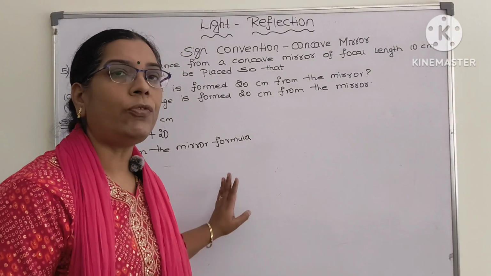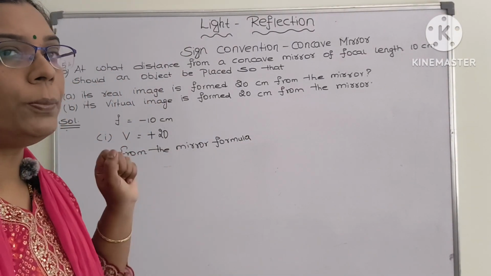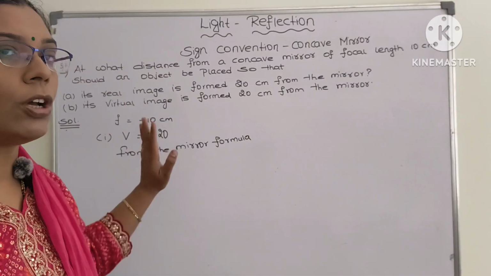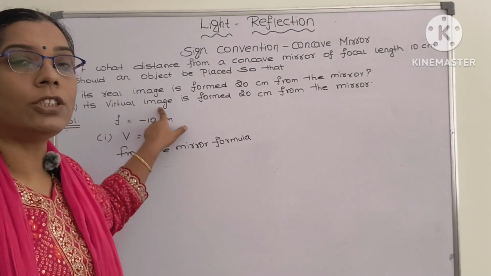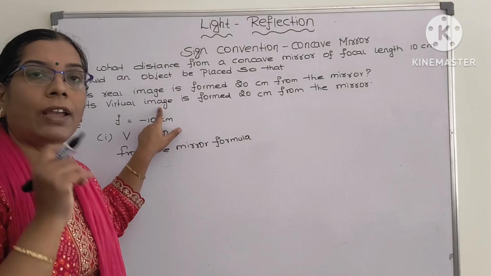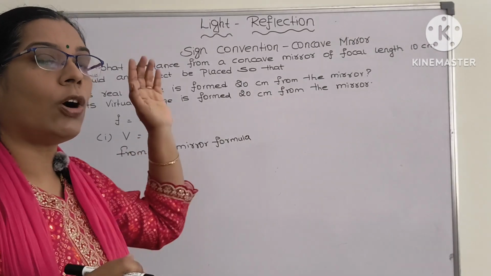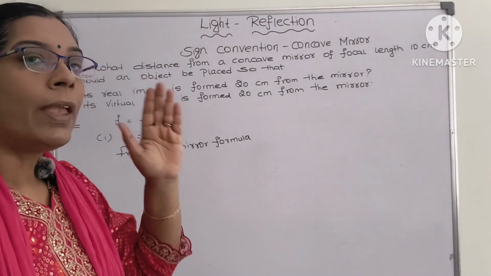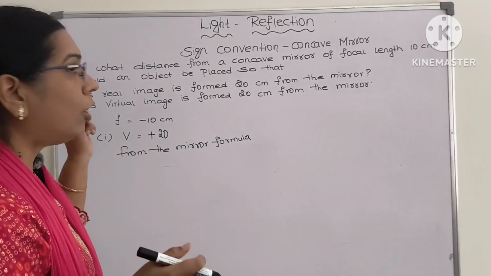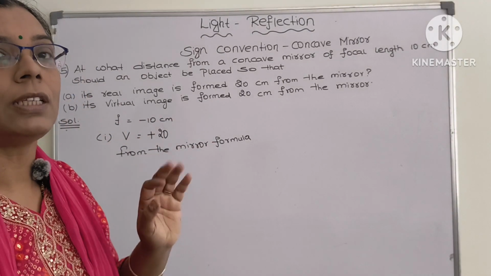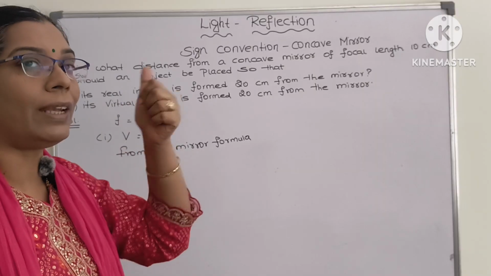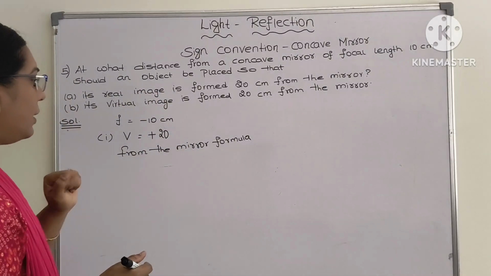Now, even before you start doing this, you should know where you should keep this object. Since it is forming a virtual image, when will a concave mirror form a virtual image? If the object is placed between F and P, which means the object distance should be less than 10 centimeters here. You should know the concept to get the basic idea at least.